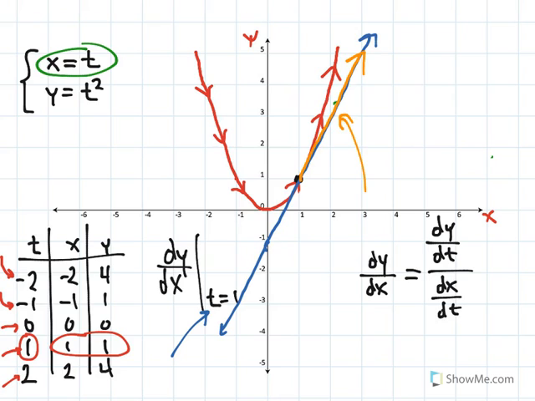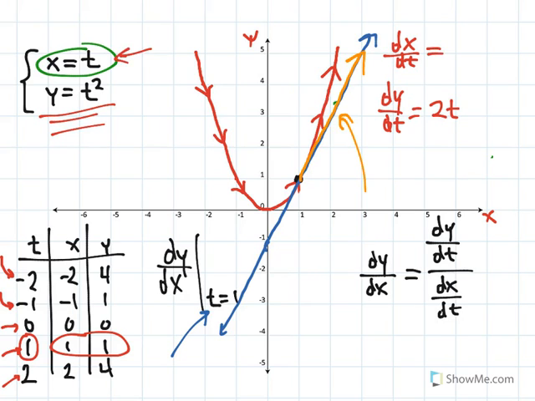We found out earlier that dy/dt is going to be 2t, and we found out earlier that dx/dt, the derivative of t with respect to t, is going to be 1. So dy/dx, according to the theorem that we just looked at, will be 2t divided by 1.